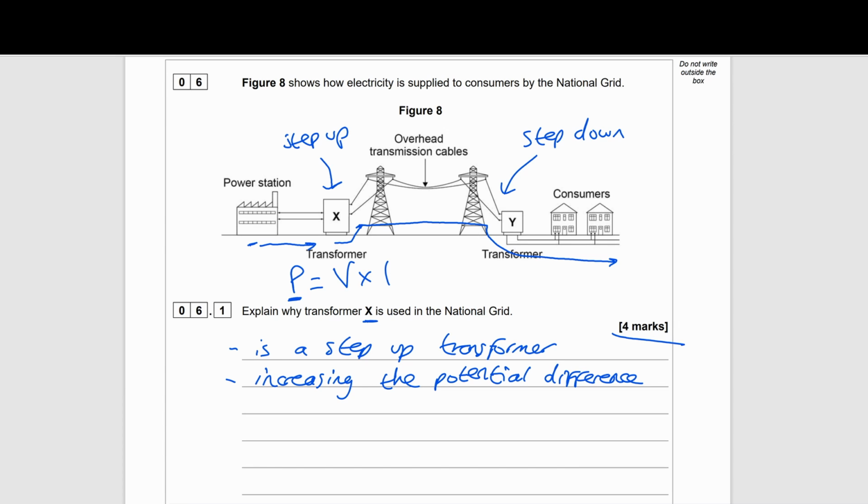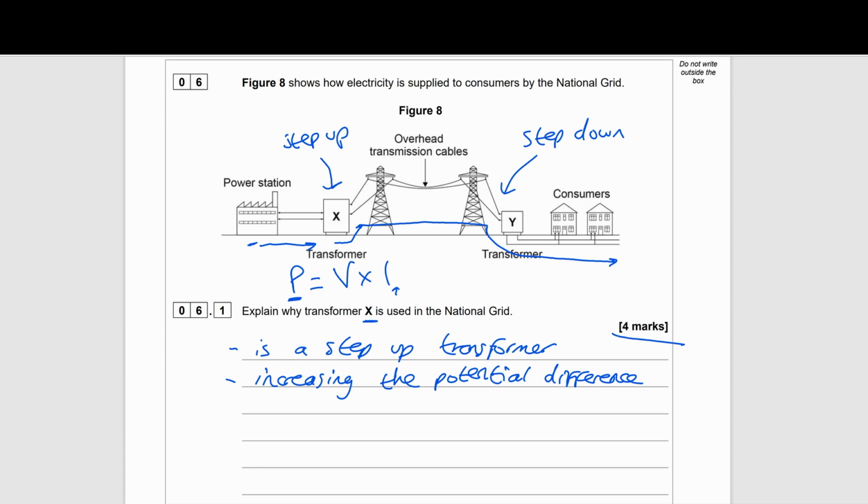However, if we increase the current, what that can do now, especially through these cables, is lead to power being dissipated or lost due to a transfer of thermal energy. Because when there's an increase in current, it always leads to an increase in thermal energy. So we want to avoid that as much as possible.